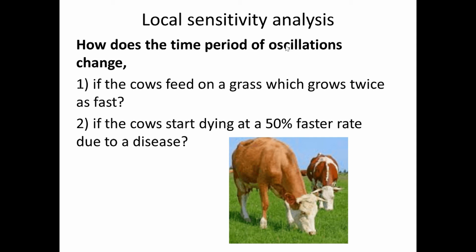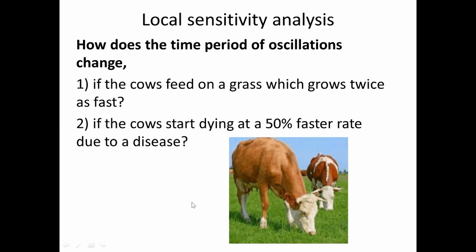So using this method, we can answer questions like how does the time period vary if, let's say, the predator and prey in this case are cow and grass, we use a different type of grass which grows twice as fast as another type of grass. We want to know how the time period of oscillations changes.